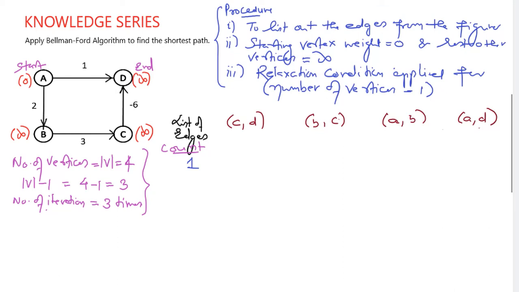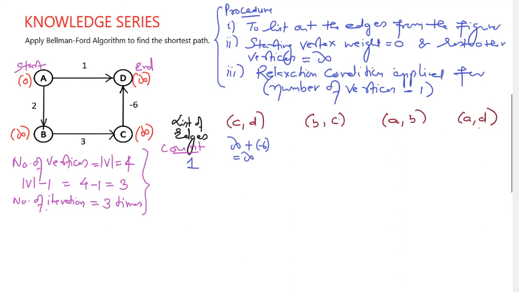So for CD, we are having two things: the infinite weight at C and the link of minus 6. C has a weight infinite plus or minus 6, that is infinite.